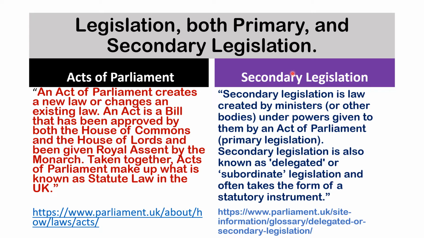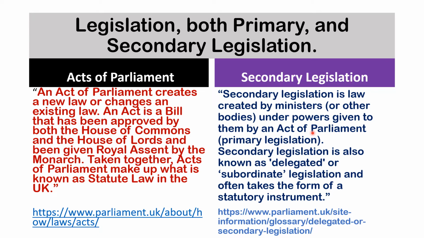The second type of legislation is secondary legislation, or delegated legislation, or it's sometimes called subordinate legislation, and it often takes the form of a statutory instrument. Effectively, an Act of Parliament is in existence, and that act gives powers for a minister to create secondary legislation.